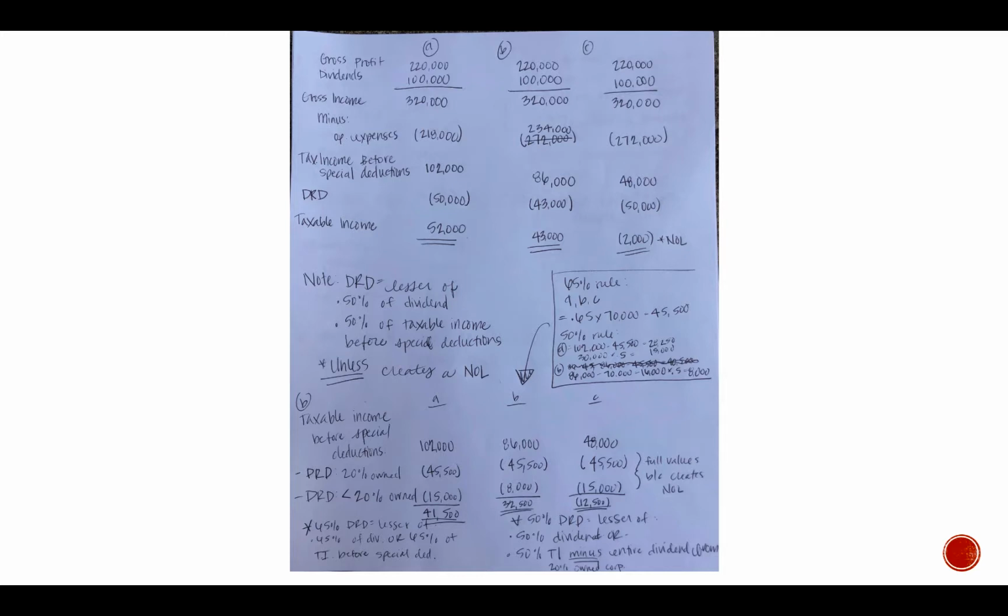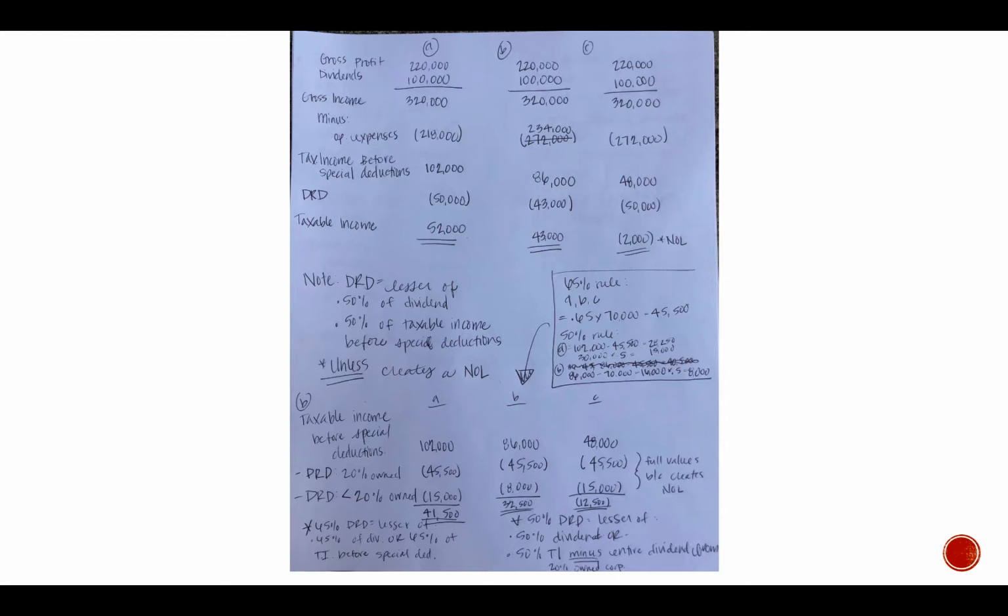So 65% of that is $55,900. $45,500 is still smaller, so for the 20% owned shares in Part B, our dividends received deduction is going to be $45,500.